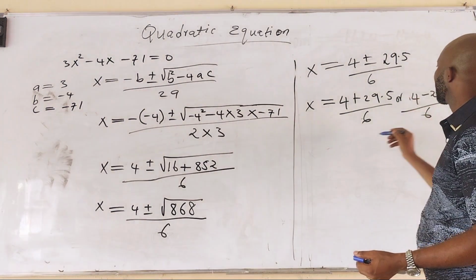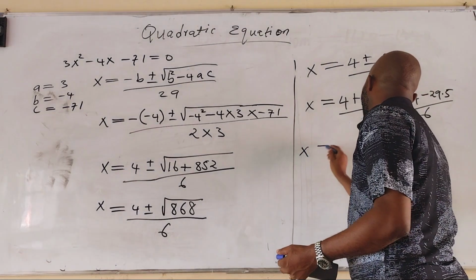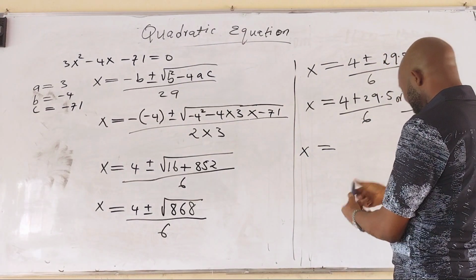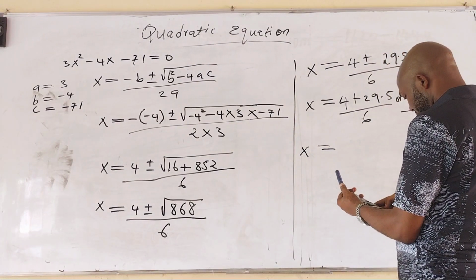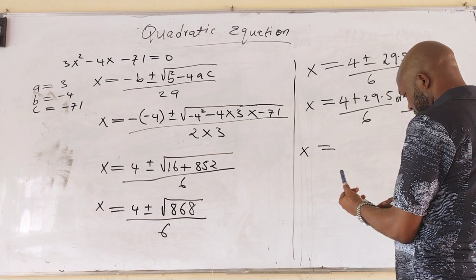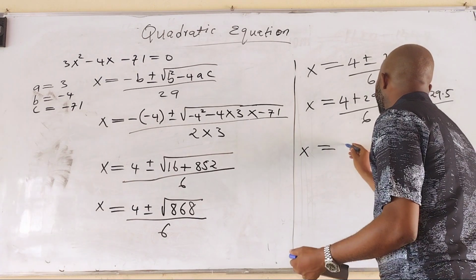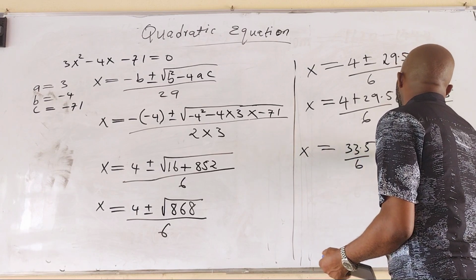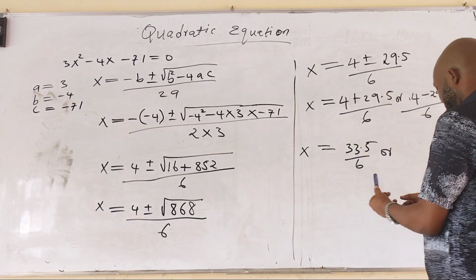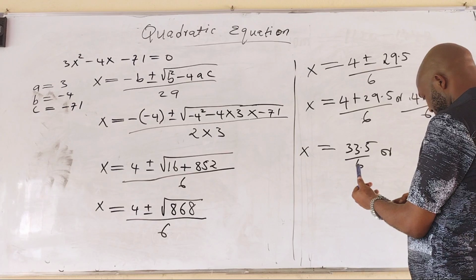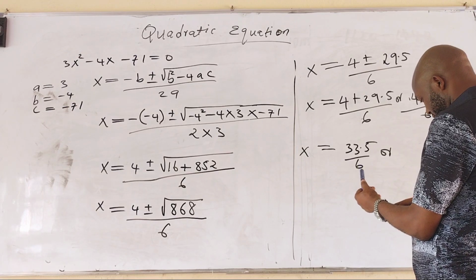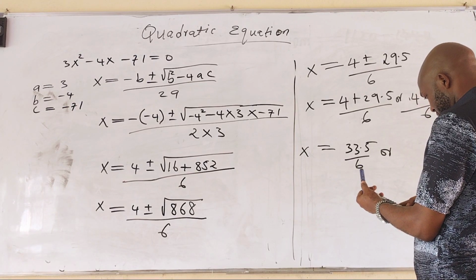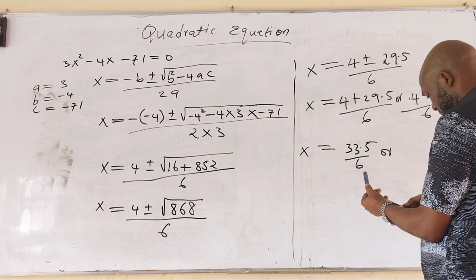Okay, 4 plus 29.5 is 33.5, so 33.5 over 6, or 4 minus 29.5 is minus 25.5 over 6.